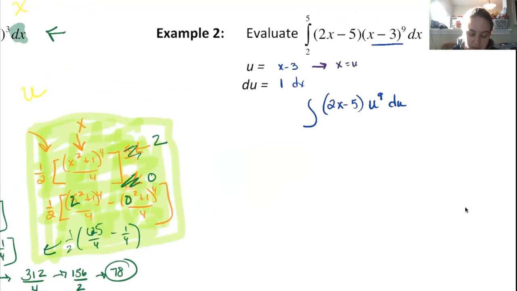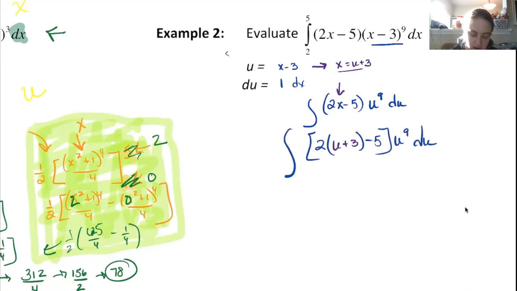X is equal to u plus 3. So if x is equal to u plus 3, I'm now going to put that in place of this x. So this is 2 minus 5. Here's my u to the 9th du. All right, so I've got everything in terms of u inside.